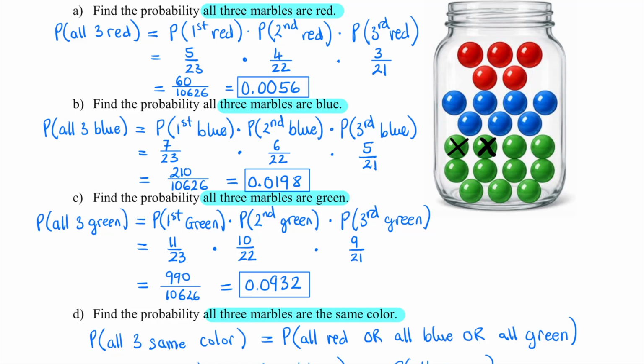So the probability of all red is 60 over 10,626. The probability of all blue is 210 over 10,626. And the probability of all green is 990 over 10,626.